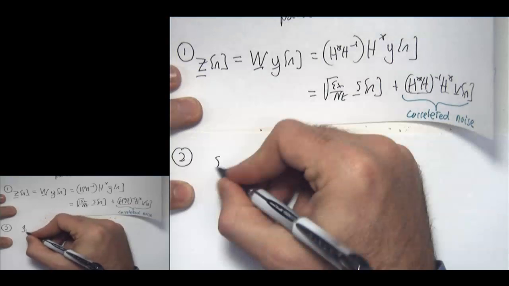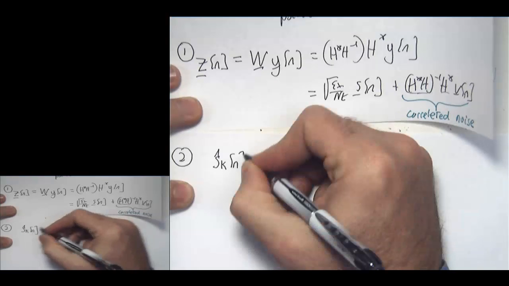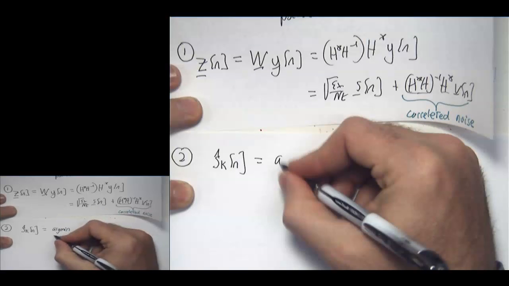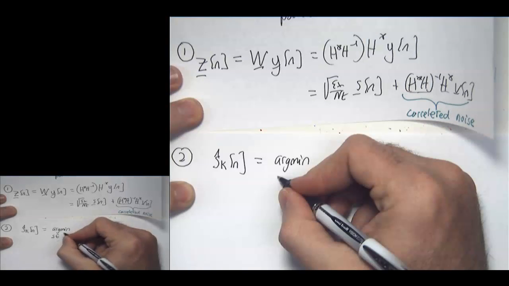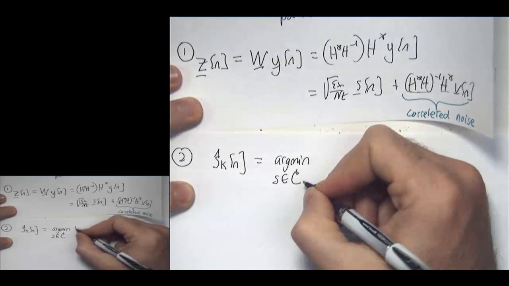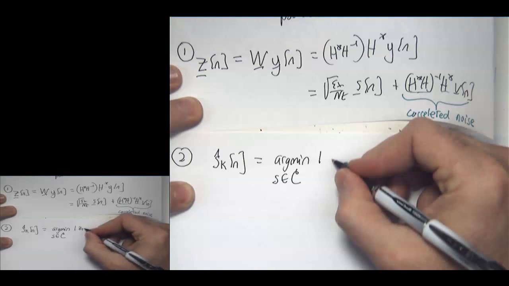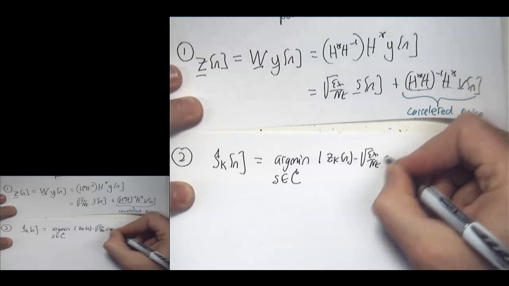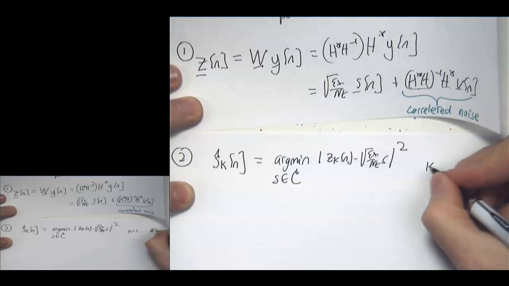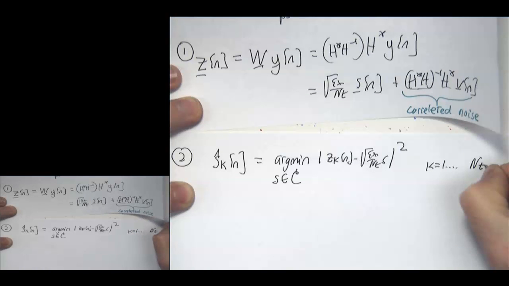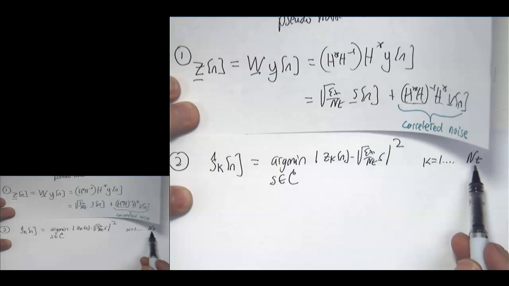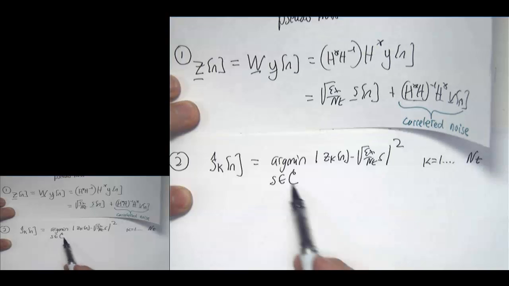So we'll say that S hat of k of n is equal to the argmin over s in C, the constellation, of the absolute value of z k of n minus square root of Ex over Nt times s, absolute value squared. We do this for k equals 1 through Nt. So here we have Nt searches over cardinality of C.